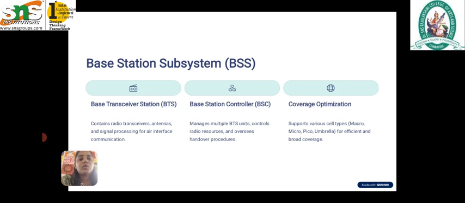The base station controller manages the multiple nodes connected to the base transceiver station unit, controls radio resources, and oversees handover procedures. Coverage optimization supports various cell types such as micro, macro, pico, and umbrella coverage networks for essential and broad coverage within the bandwidth that the base station provides.